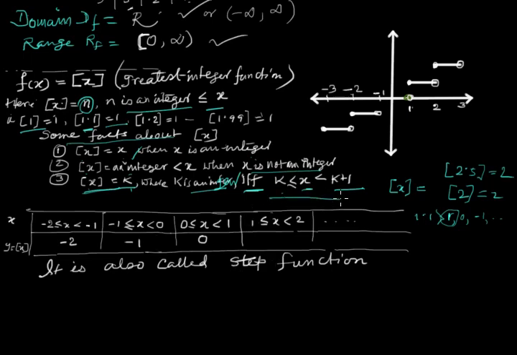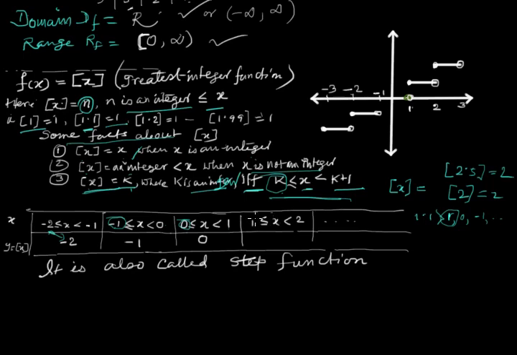By this definition, if x is between minus 2 and minus 1, that is minus 2 less than or equal to x and less than minus 1, in this interval the value will be minus 2 as it is k. Similarly, for x greater than or equal to minus 1 and less than 0, the value will be minus 1. Between 0 and 1, the value will be 0.